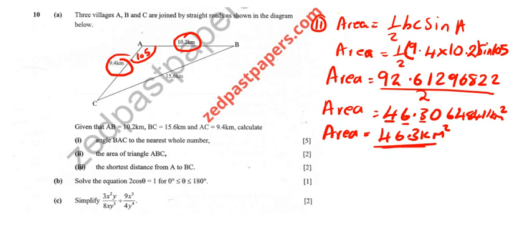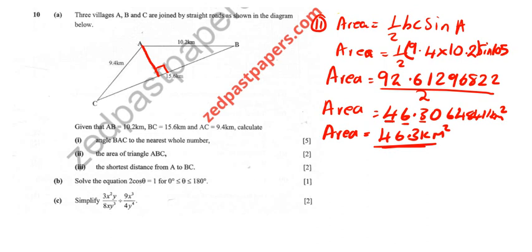Now you have to find again the shortest distance. So how do we find the shortest distance? Remember, the shortest distance they have said is from A to BC. So if you use the shortest distance, which means you are using this route, and then we are using this, you are going to form a 90 degrees angle.